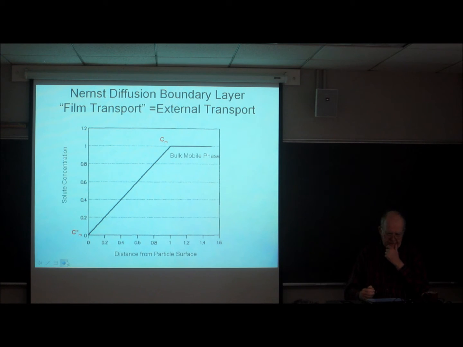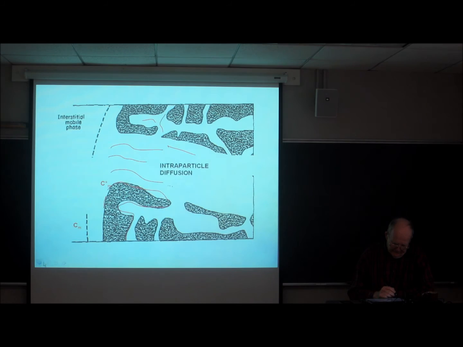Okay, so back to our friend the Nernst layer. And just a pictorial representation of what's going on is here's your solute concentration, and here's distance from the particle surface. Particle surface is distance 0. This is what I mean by the particle surface right here.